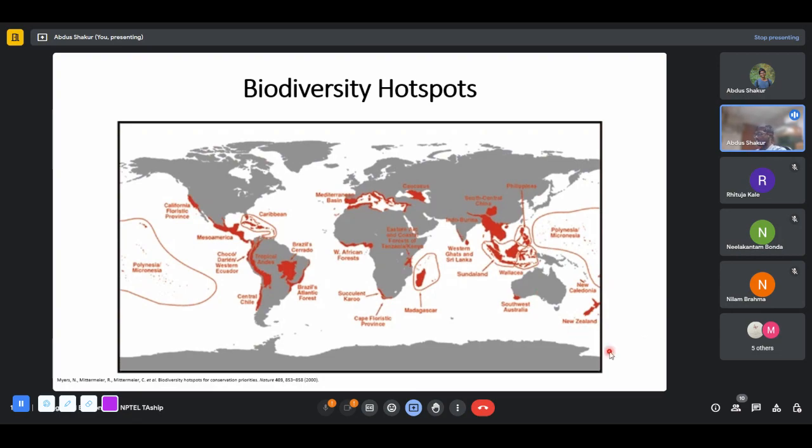These conservation priorities come from our understanding of how species are distributed, which species are endemic, which are widely distributed, and which need conservation prioritization because they are getting affected by humanity a lot.